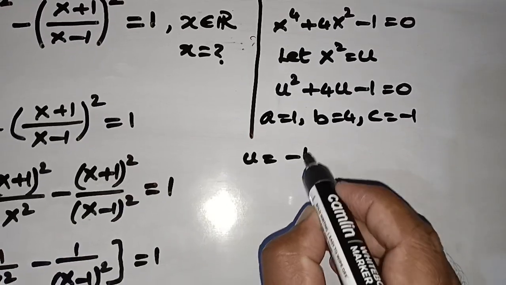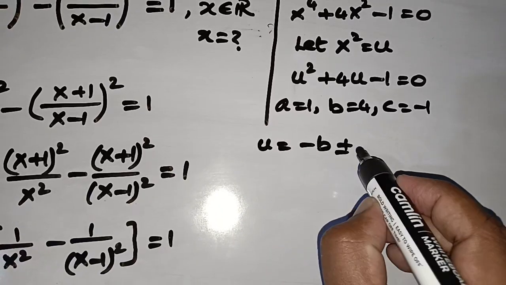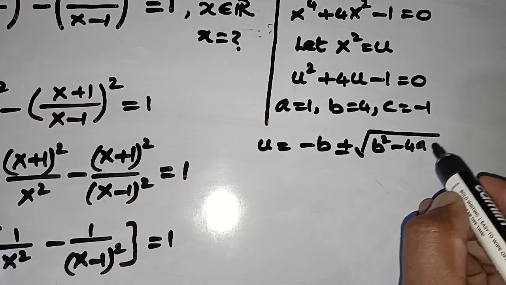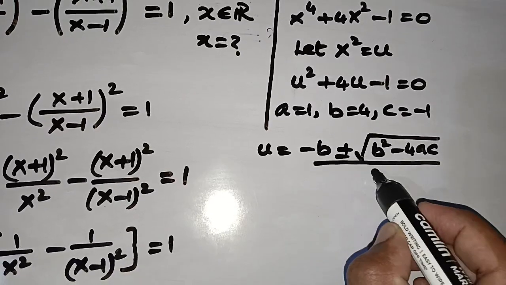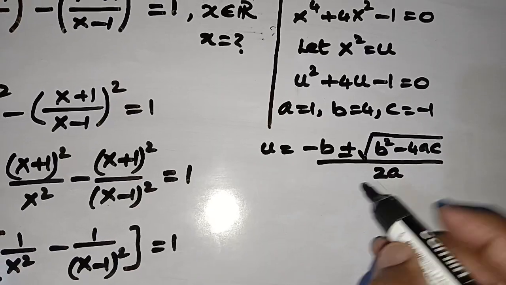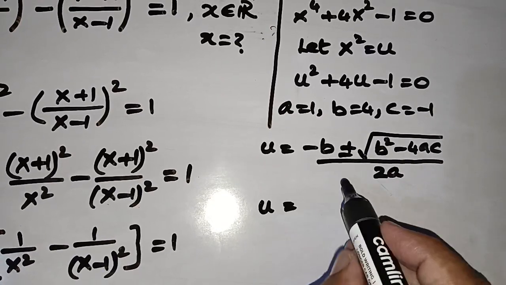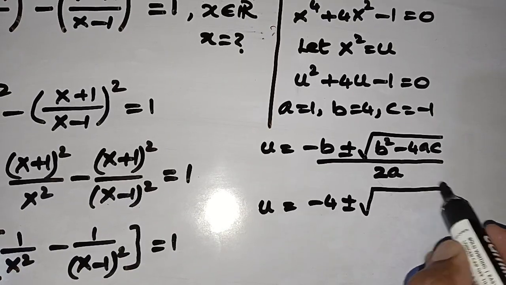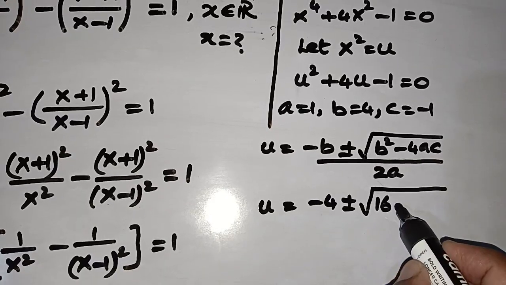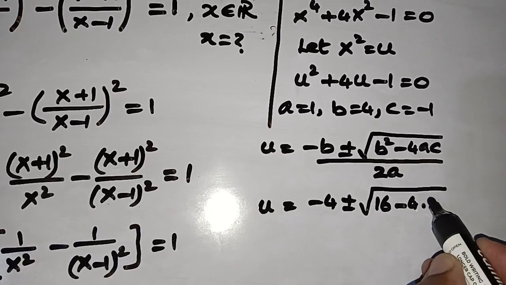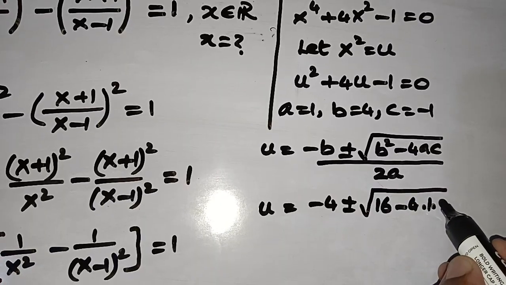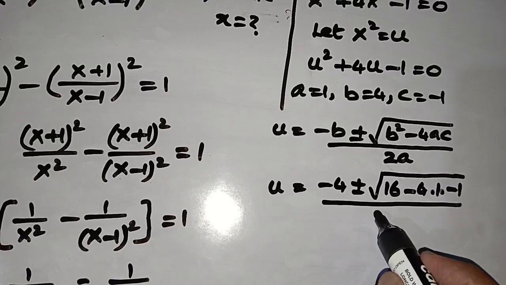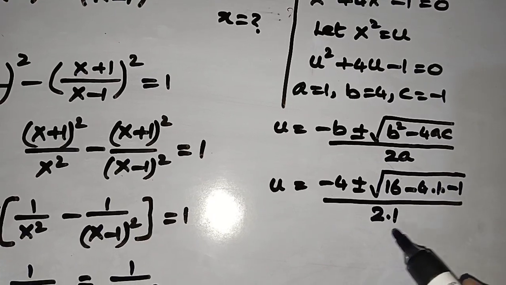So u is equal to minus b plus or minus square root of b square minus 4ac, divided by 2a. So u is equal to minus 4 plus or minus square root of 4 square, 16, minus 4 times a is 1 and c is minus 1, whole divided by 2 times a is 1.